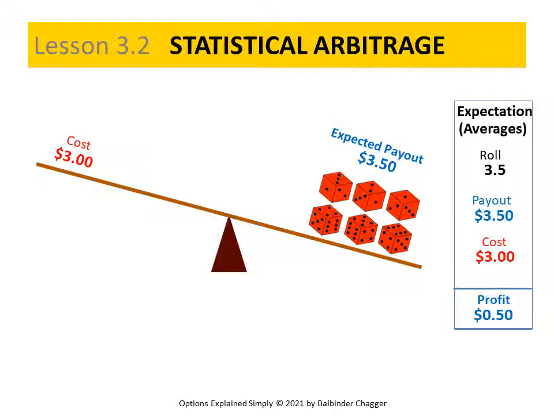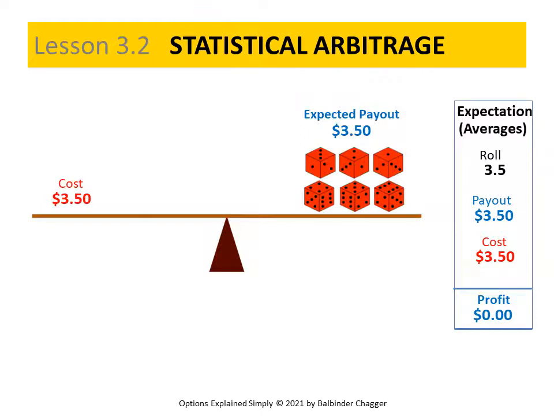As we play this game more and more times, the game operator will suffer an increasing amount of loss. This ought to trigger him to review the price per play and increase it to $3.50, where the statistical arbitrage opportunity disappears.